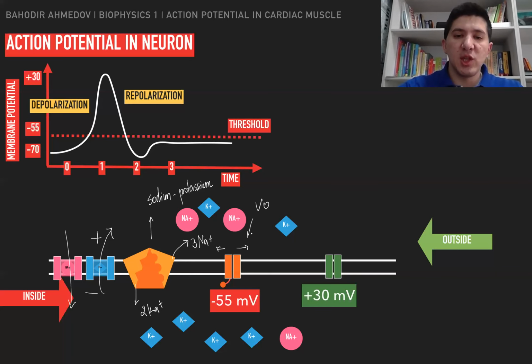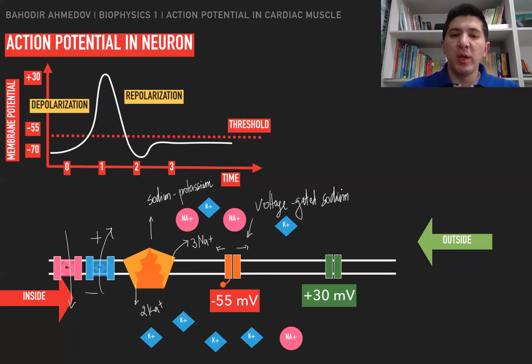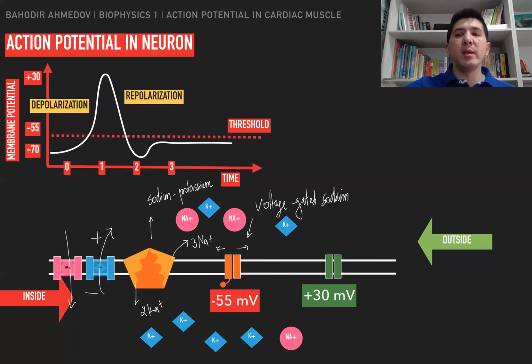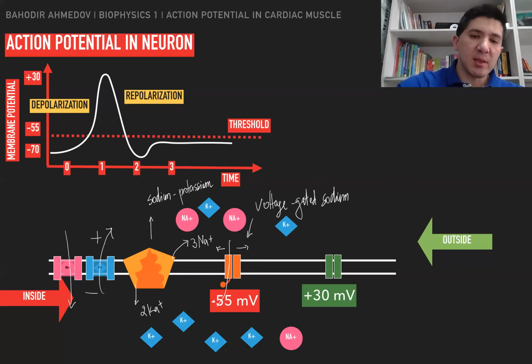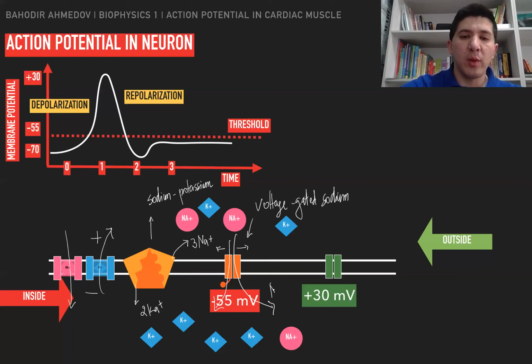So it's going to open and let lots of sodium into the cell. Since the concentration of sodium outside the cell is higher, they go inside the cell. So there are lots of sodium ions going in.